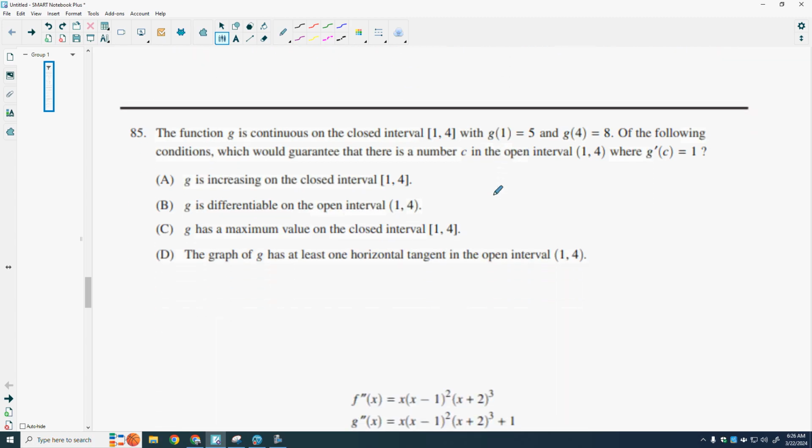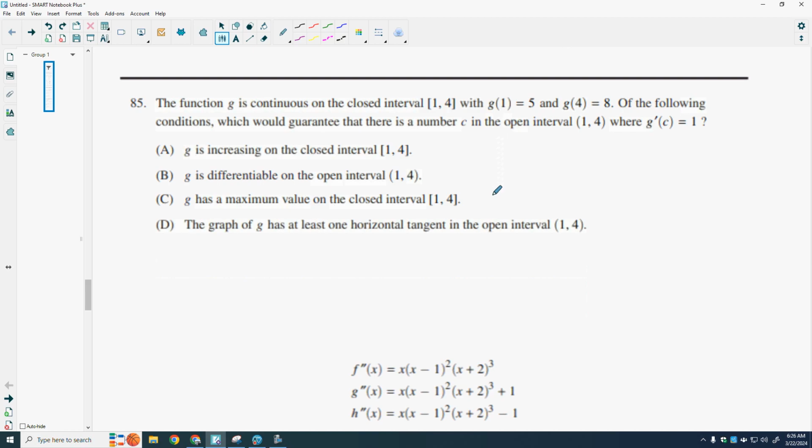85. Function g is continuous on the closed interval from 1 to 4. G of 1 is 5. G of 4 is 8. Of the following, which would guarantee there is a C in the open interval 1 to 4 where the derivative is equal to 1?